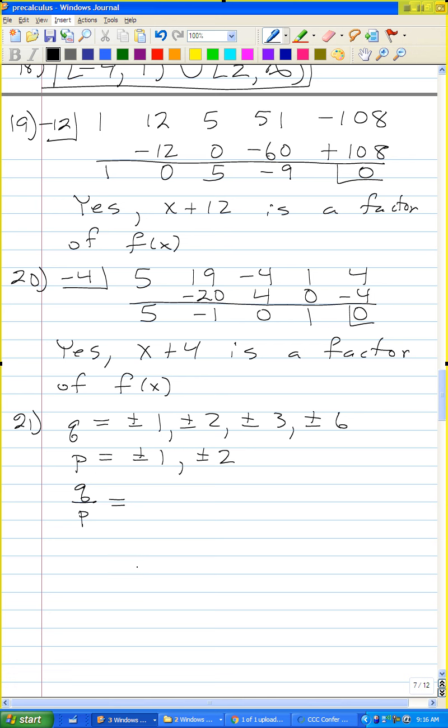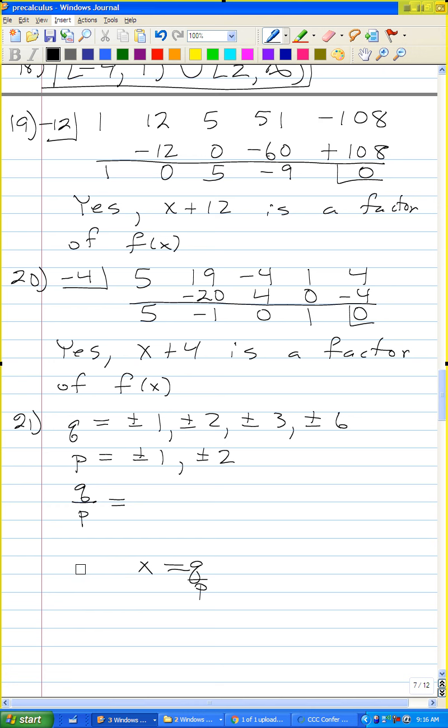I'll tell you how I cheated to figure this out, because I can never remember these. Suppose I have some linear function, px minus q equals 0. I want to figure out all roots of that. Set that to 0, add q to both sides, divide by p. Therefore, x is equal to q over p.